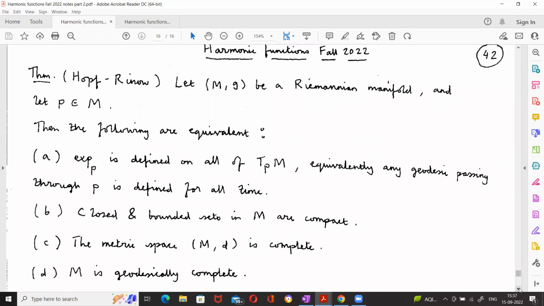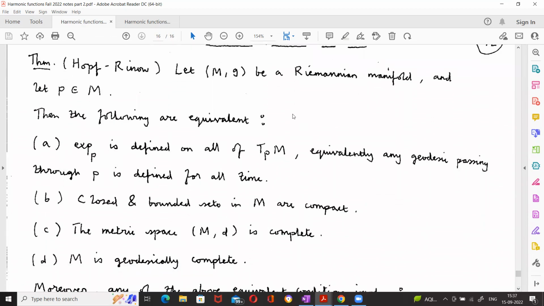So this is the Hopf-Rinow theorem. Let M be a Riemannian manifold and let P be a point in M. Then the following are equivalent. A: the exponential map at the point P is defined on all of T_P M, which means equivalently that all geodesics passing through the point P are defined for all time.